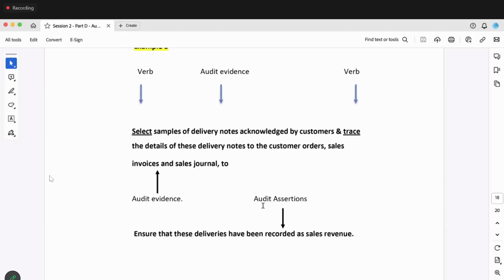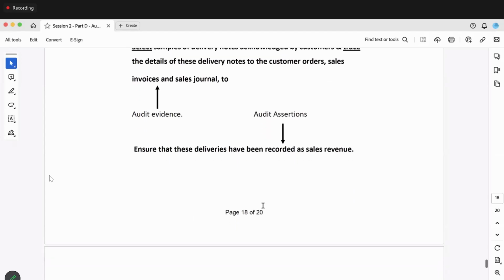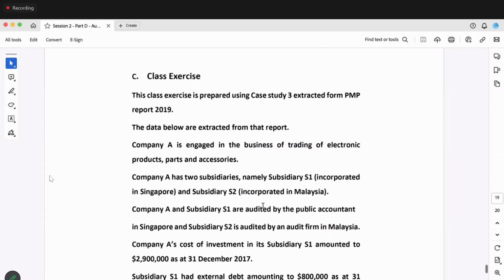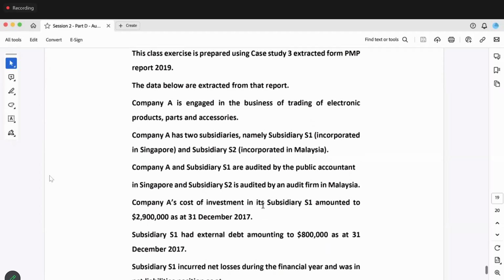Sometimes in the exam, they will tell you how many marks will be awarded. Audit procedure 1 mark, and then they will also ask you to explain, then another mark. So you need to observe some of these things so that you are able to score most marks during the exam.